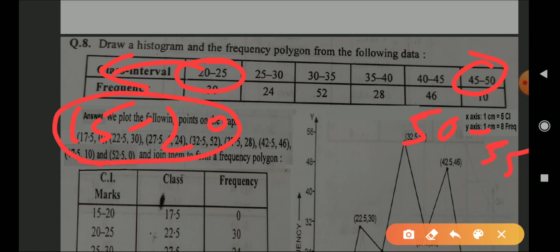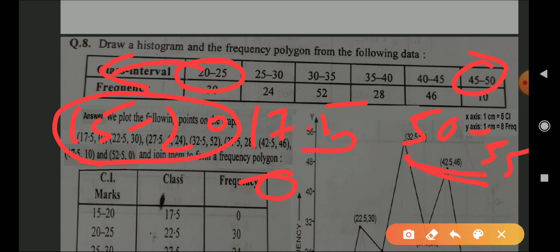Here it starts from 20 to 25 and ends with 45 to 50, so we take one class further: 15 to 20 at the start, and 50 to 55 at the end. Here the class mark will be 17.5 and the frequency will be 0.